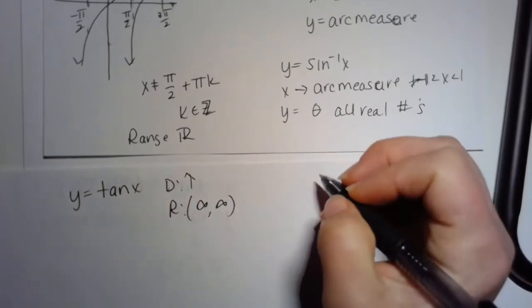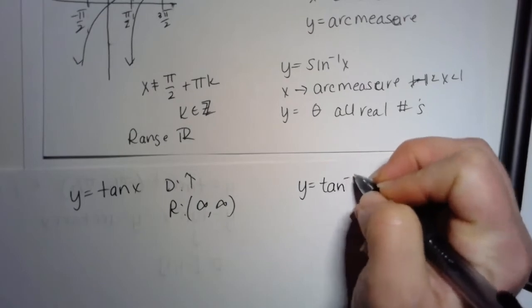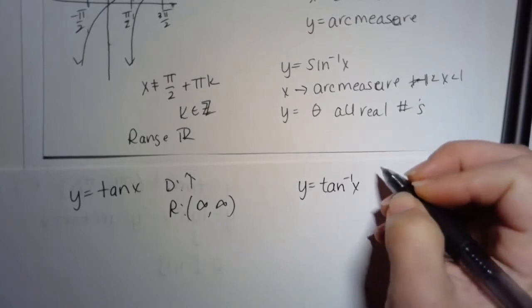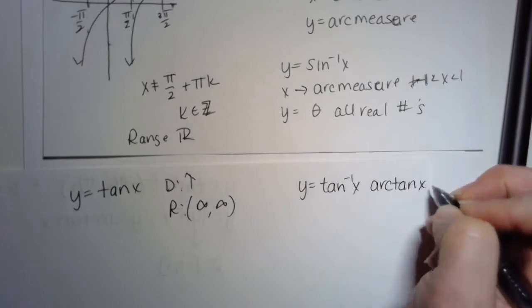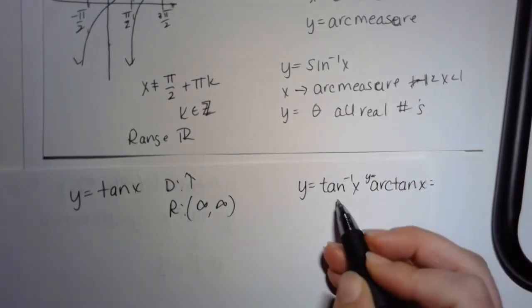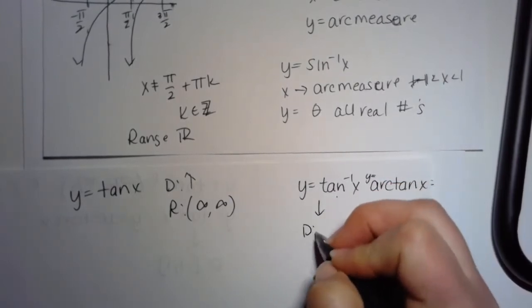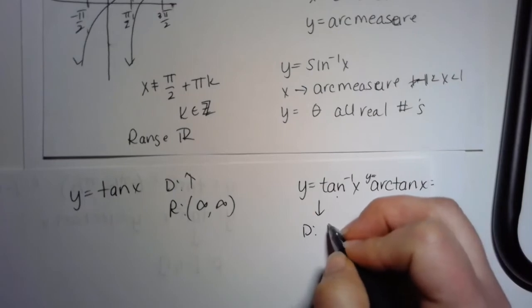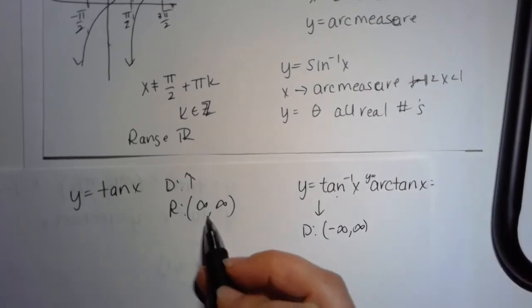Okay, so then if I'm dealing with arctan, which we say the same way as inverse tangent, this can also be written like this. The button on your calculator is obviously this button. It's going to have a domain of negative infinity to infinity because this becomes that.